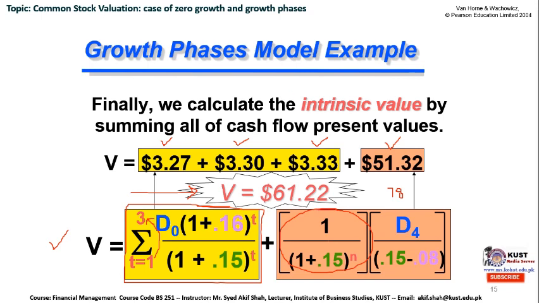Either we use the present value interest factor table, or we can use this direct formula to find the intrinsic value, which is $61.22 for this common stock under two different growth phases.